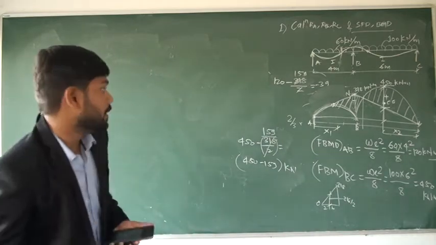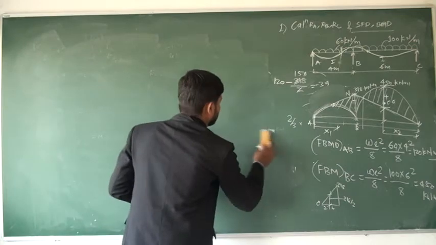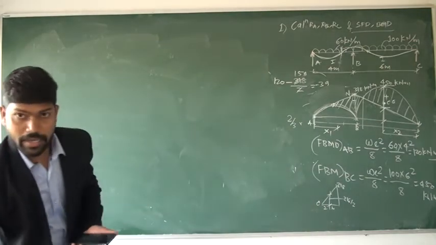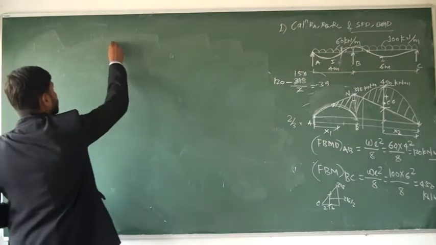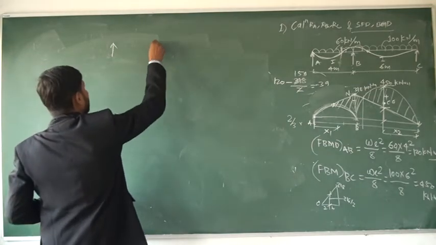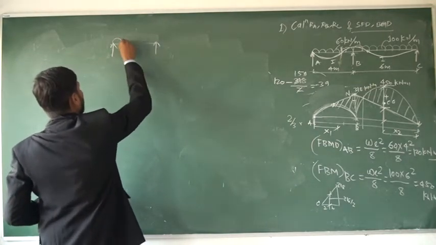So now we will calculate the reactions. How will we calculate the reactions? Reaction calculation procedure is again similar to the previous example. So we will consider each span separately and calculate it.